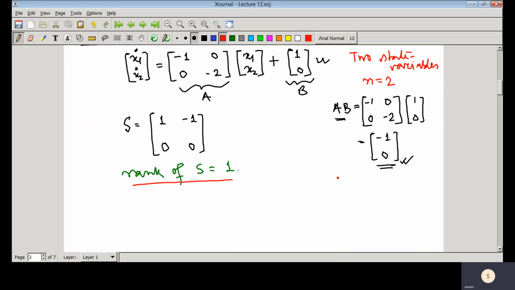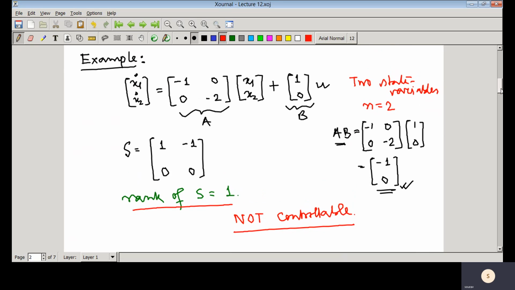So it is not equal to n. What can we conclude? We can conclude that it is not controllable. So this particular realization is not controllable.